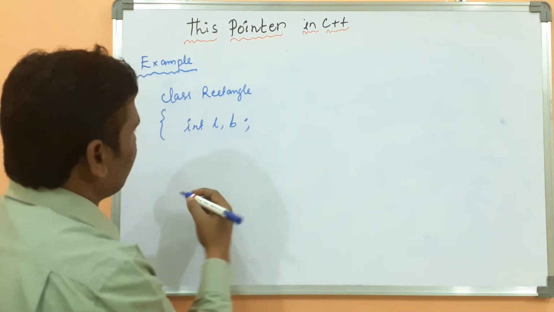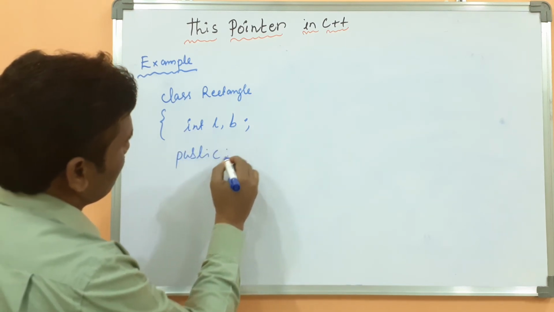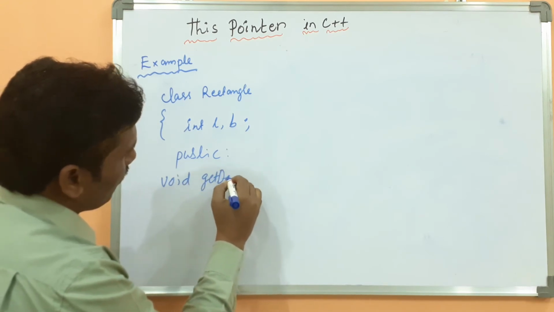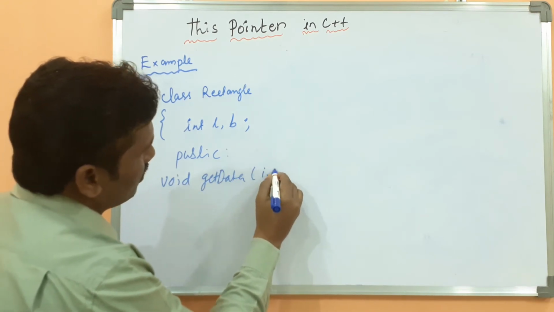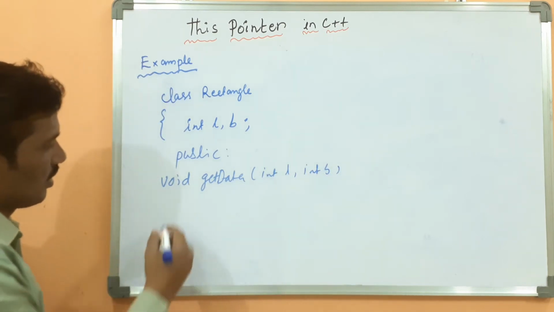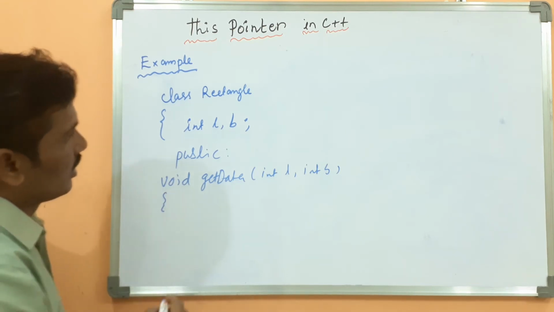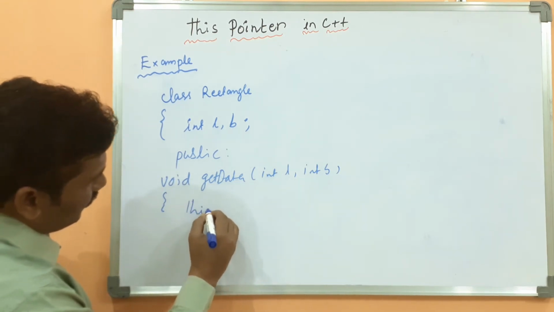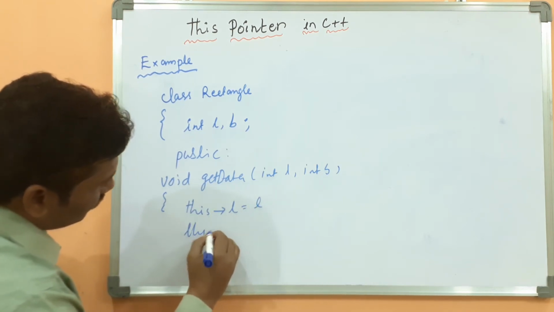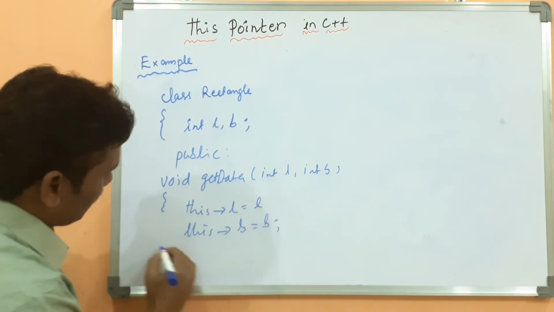They are data members of a class. Then public, void getdata, int L, int B. Then here I should write: this dot L equal to L, this dot B equal to B.